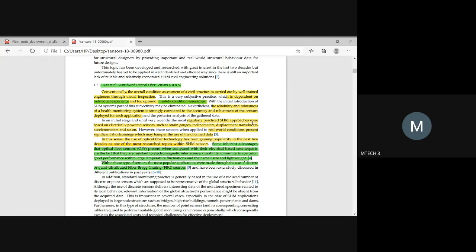So in regular practice approaches, even if there is no human intervention, only one experienced engineer also, they need some measuring instruments. So what were the measuring instruments they used? It was electrically powered sensors. It is not optical. It was the electrically powered sensors they used, such as strain gauge sensors.